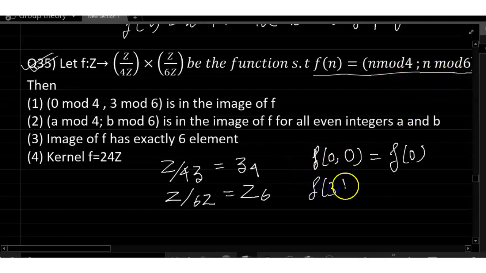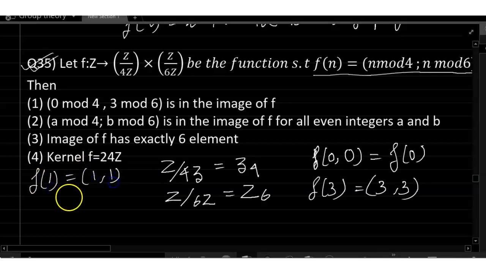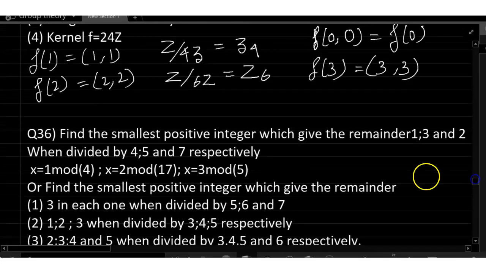And f3 is equal to 3 comma 3, f1 equals to 1 comma 1, f2 equals to 2 comma 2. Similarly, f4 equals to 0 comma 4.